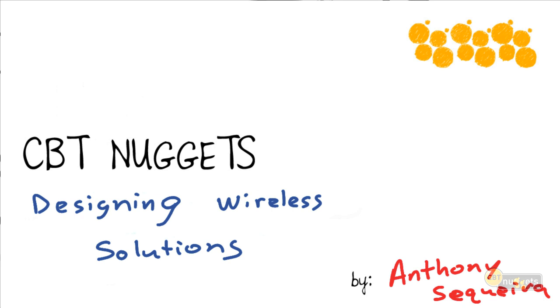Yeah, one of the many reasons why this nugget series here at CBT Nuggets is so popular, we're going to look at designing for another immensely important, very popular technology today, and that's wireless.